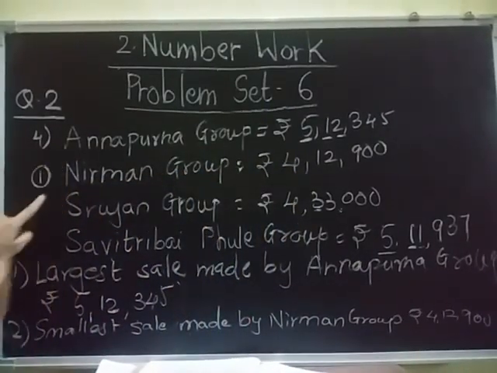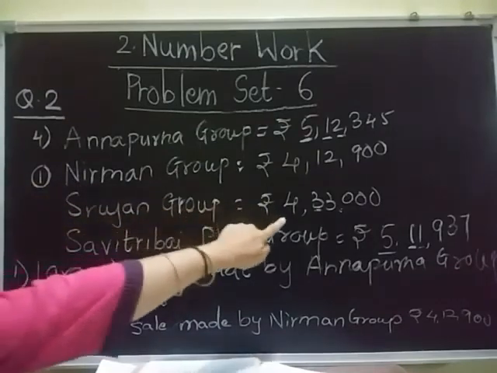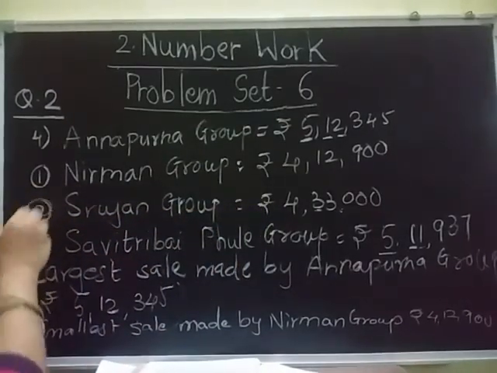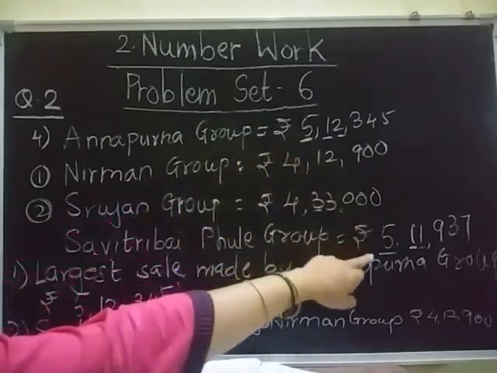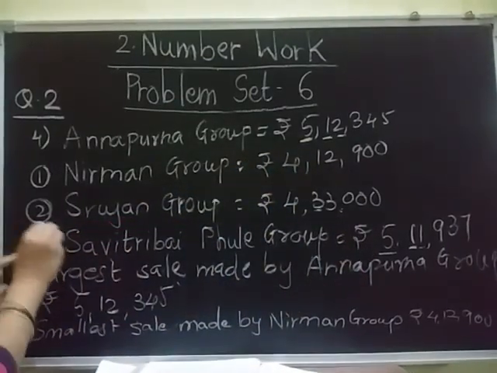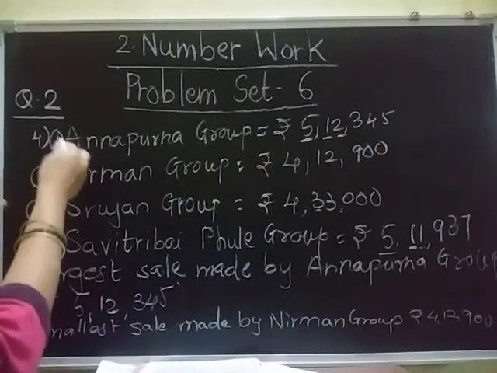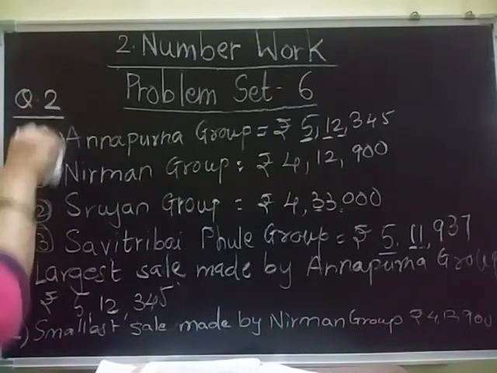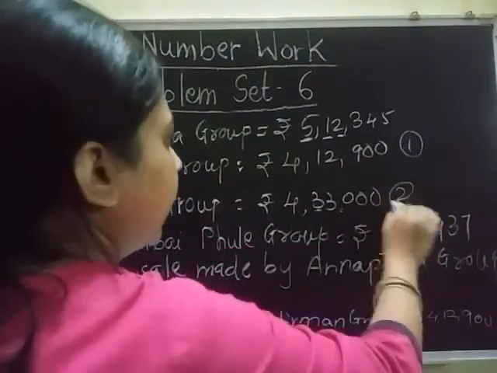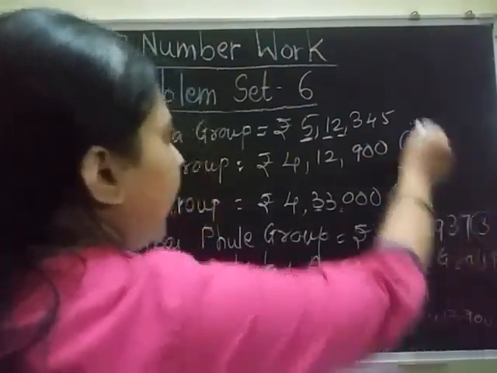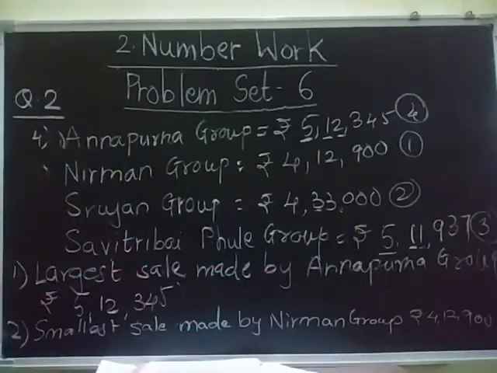So this is the first. Then this one will be the second. Then what will be the third? This is the greatest. It means this one will be the third and this one will be the fourth. Okay. So this way we have to arrange in ascending order.